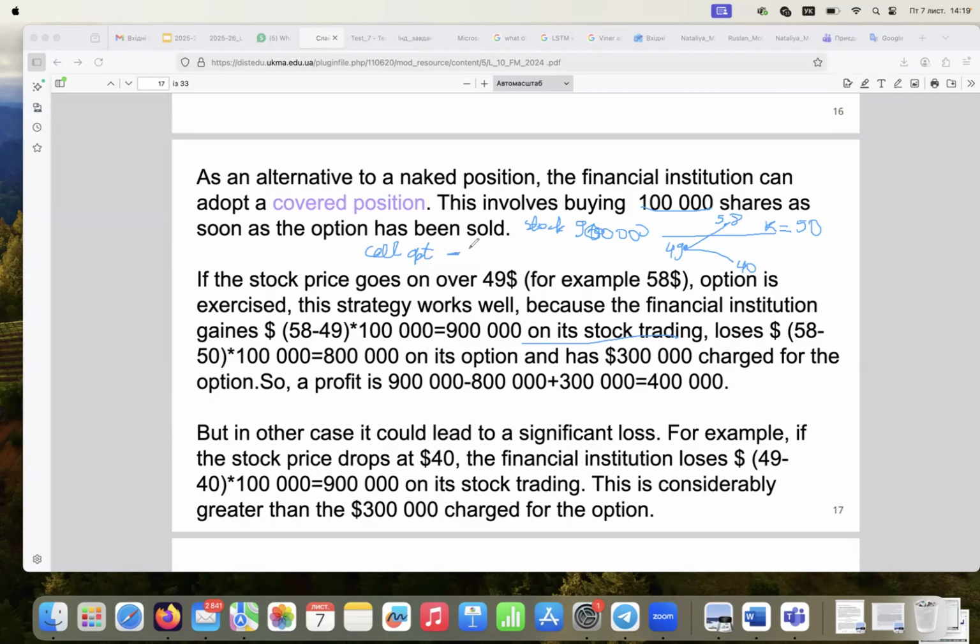We need to pay 800,000 for the call option, but we have this unconditional sum, because we sold the option for this sum, so it is with plus.